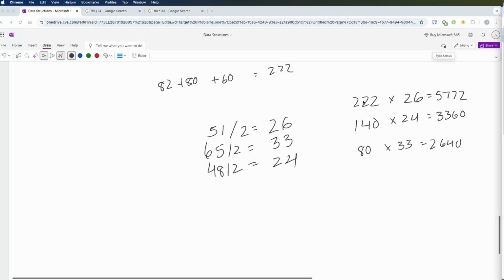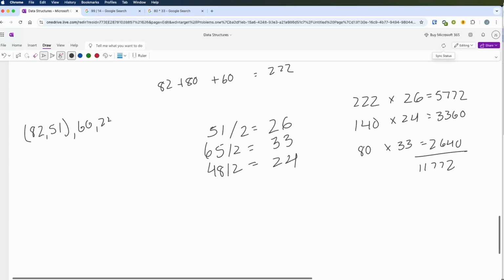Okay, so that's the ordering. This is how we do it. So what ordering is this? We're going to do 82, 51 comes first. Then we're going to do 60, 48. Then we're going to do 80, 65, right?